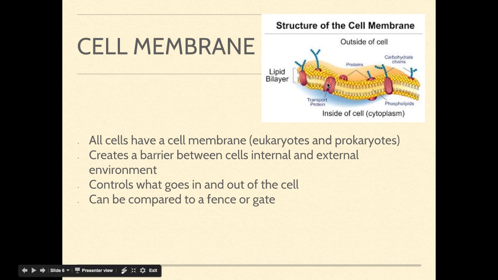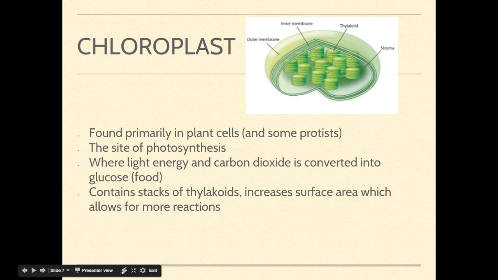Basically, this whole structure provides a boundary between the cell's internal and external environment. And it basically controls what goes in and out. And this helps the cell maintain homeostasis. We can compare it to a fence or a gate, allowing certain things in, but keeping other things out.